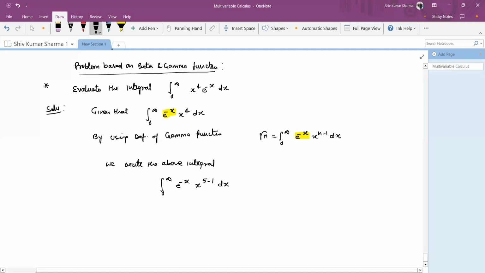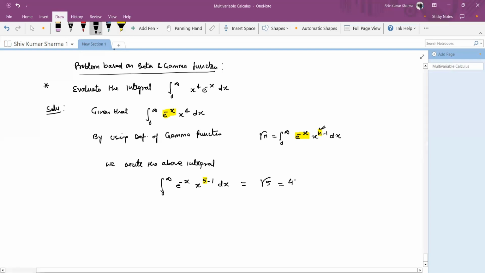We see that x raised to the power 5 minus 1 is x to the power n minus 1, so this integral is equal to gamma 5. So on the basis of gamma n, this integral equals gamma 5. What is the value of gamma 5?